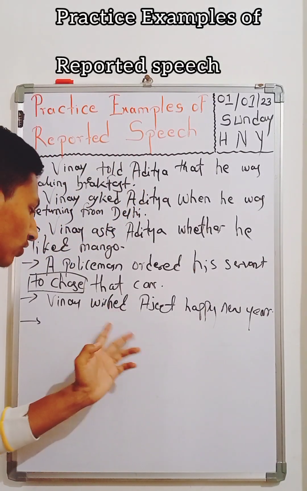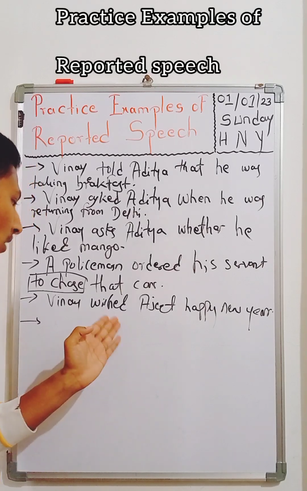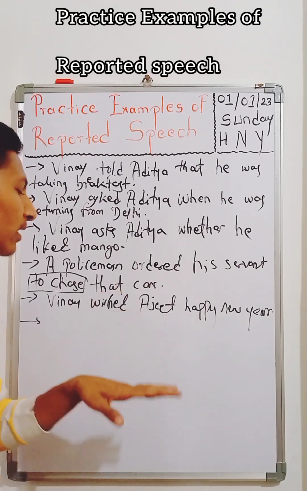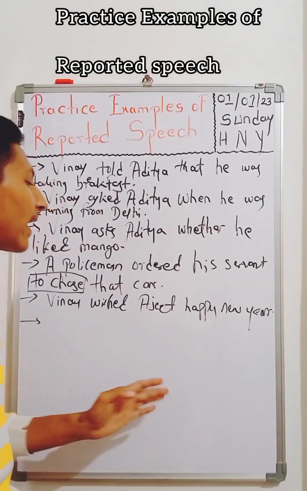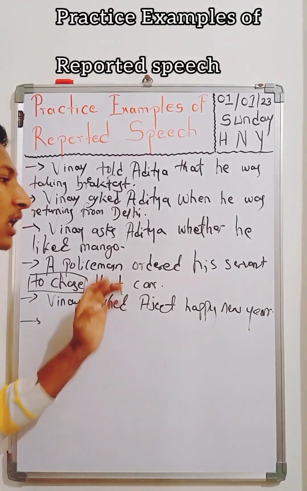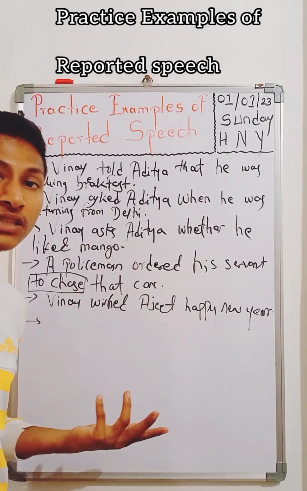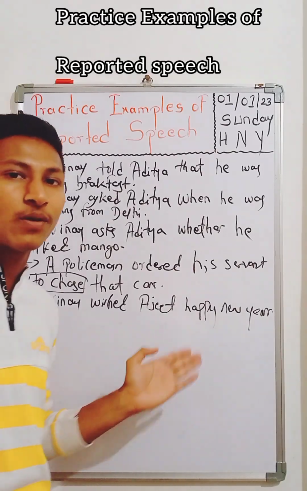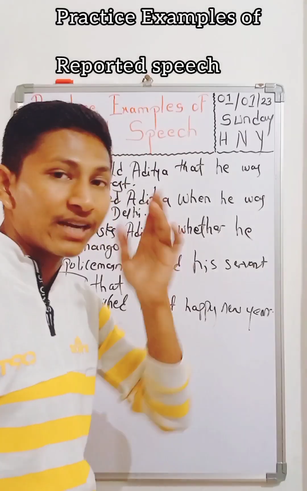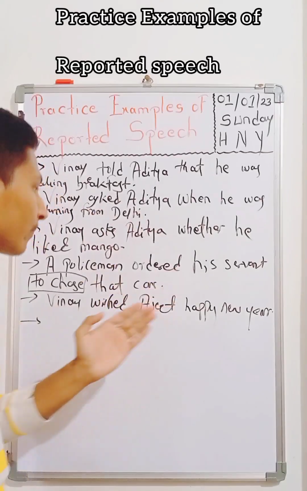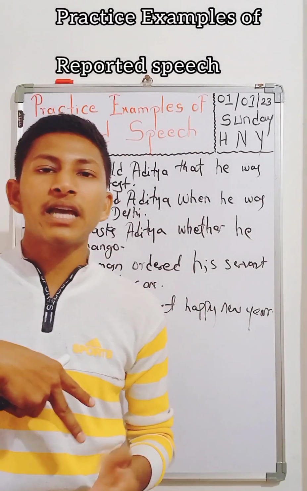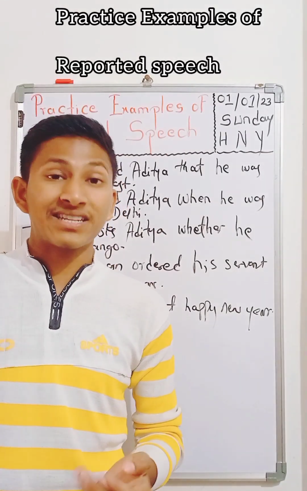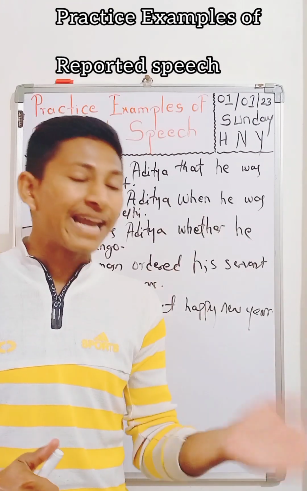This is the first rule of exclamatory for changing direct to indirect. You have to keep this in your mind, and according to it you can go ahead and take a great plunge into transforming direct to indirect speeches. So now we will move further to the second example, the second rule of exclamatory, how to change direct to indirect.